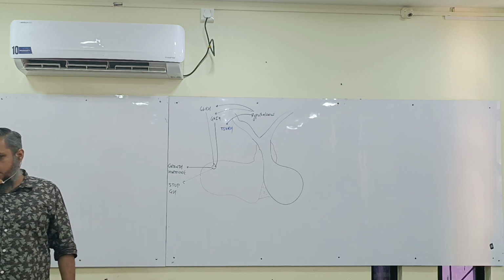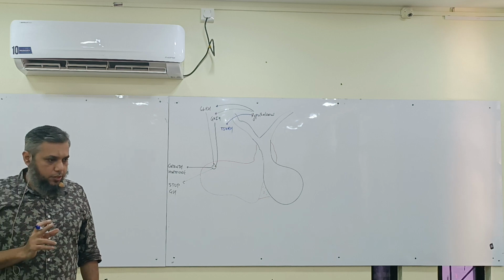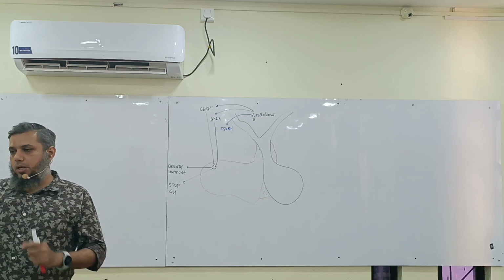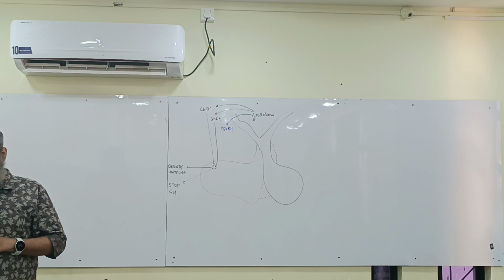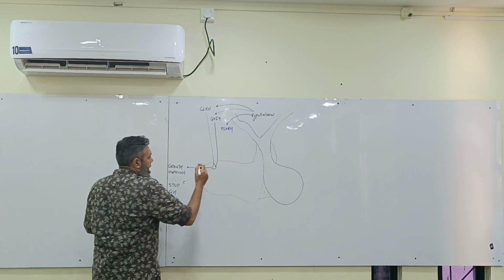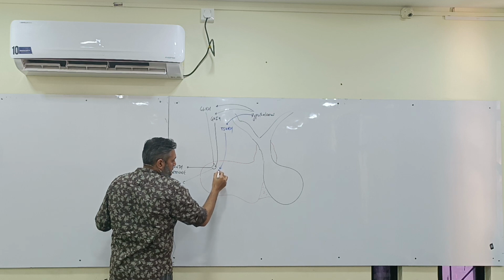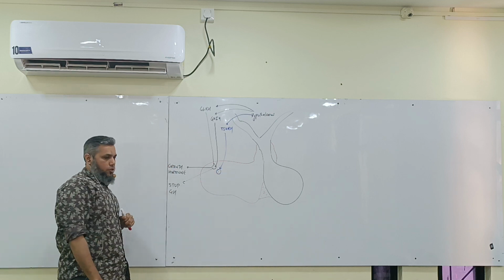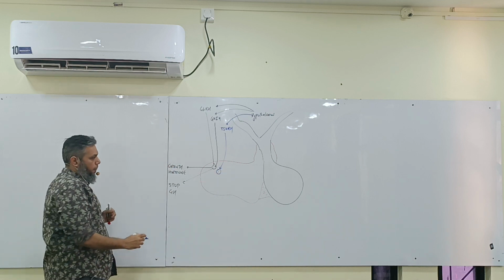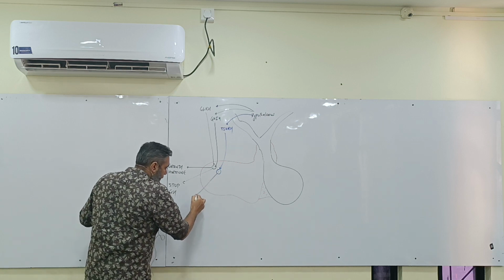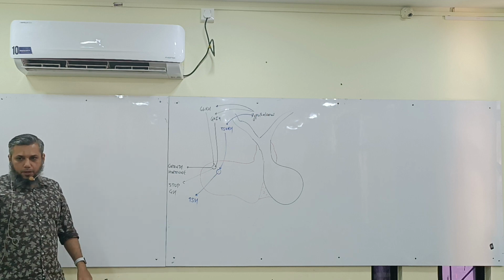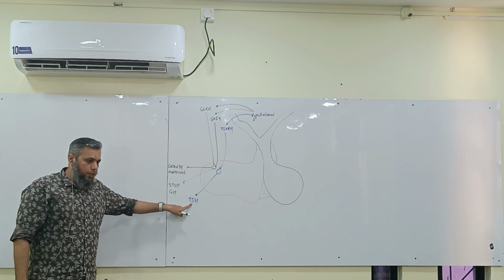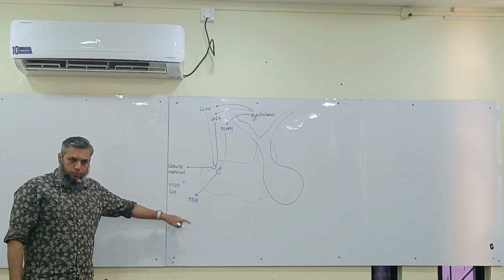Thyroid stimulating hormone releasing hormone, TSHRH, which acts on the cells of the pars distalis and they begin the secretion of TSH, thyroid को stimulate करने वाला hormone.